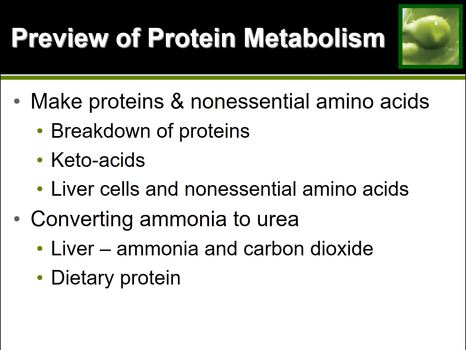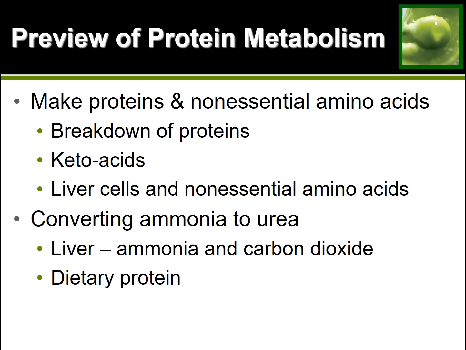Now, one thing that we saw is that when we deaminate, we're left over with ammonia and a keto acid. And the problem is that ammonia is actually something that is toxic if it builds up in our body. So that's not something that we want to happen.